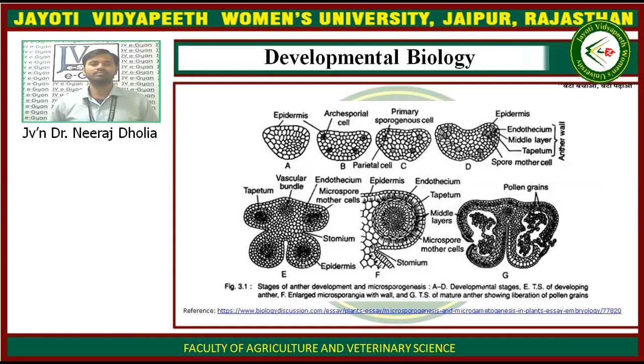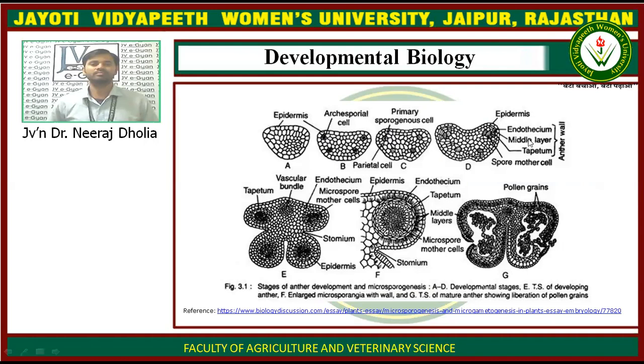This is the diagram where the various stages of anther development and microsporogenesis are shown. This is the archesporial cell, and the two layers formed by the archesporial cell. One forms the sporangious cell or tissue.